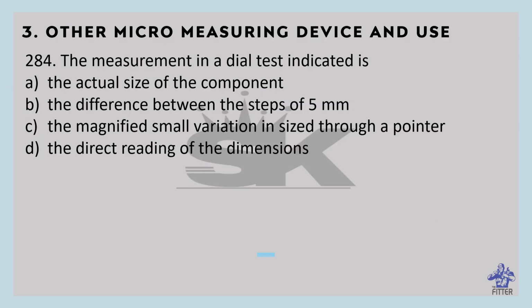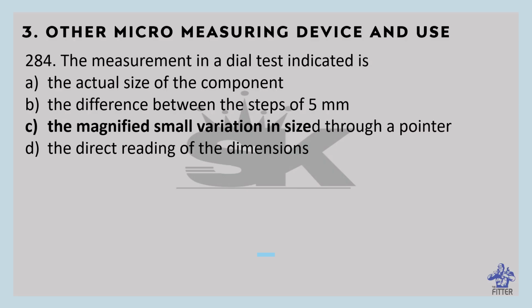The measurement in a dial test indicator is the magnified small variation in size through a pointer. So option C. Dial test indicator is a high precision instrument. It is used for checking flatness, parallelism, straightness, ovalness, etc. It is used to set the job in the center of the lathe machine.